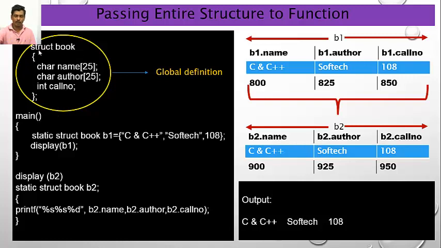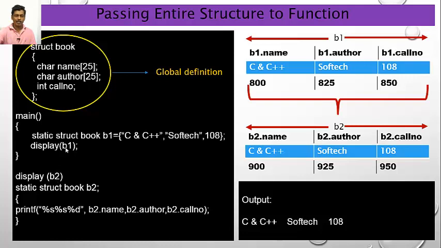This is global definition because in the previous program we pass element by element. Element by element, it's not required to define a global definition. But here we pass the entire structure to a function.